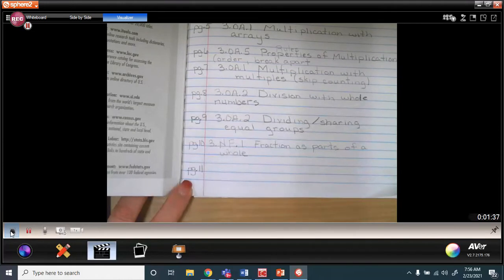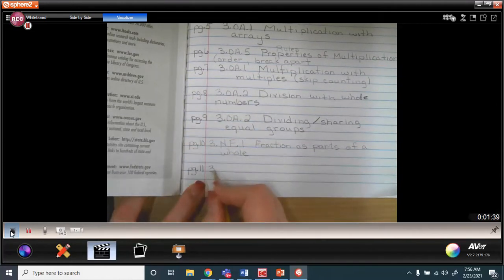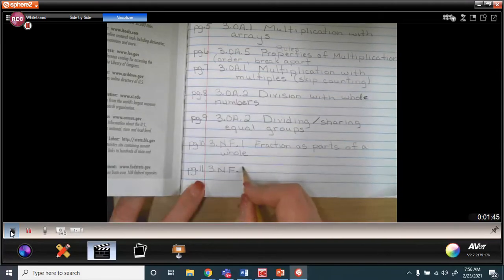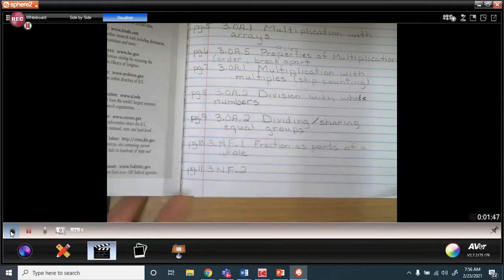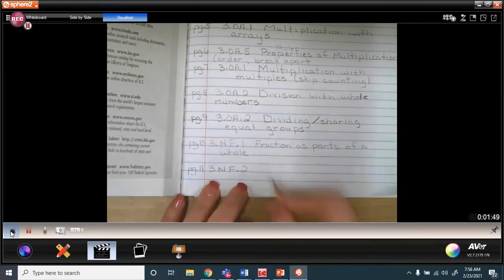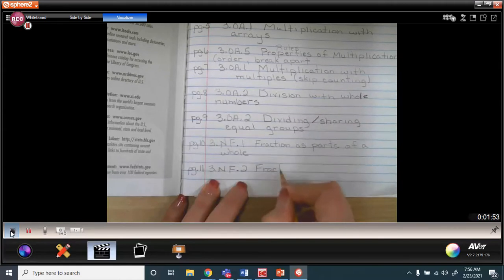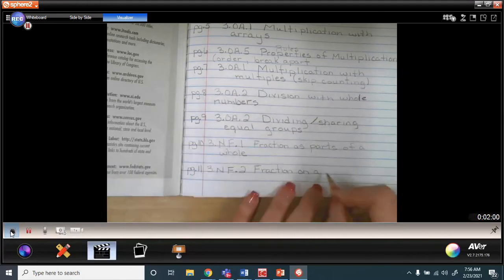So on page 11, we're going to put notes in here for fractions on a number line. So that's going to be NF2. So we're going to say fractions on a number line.